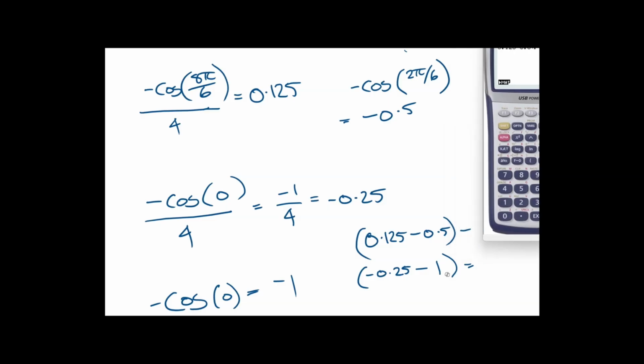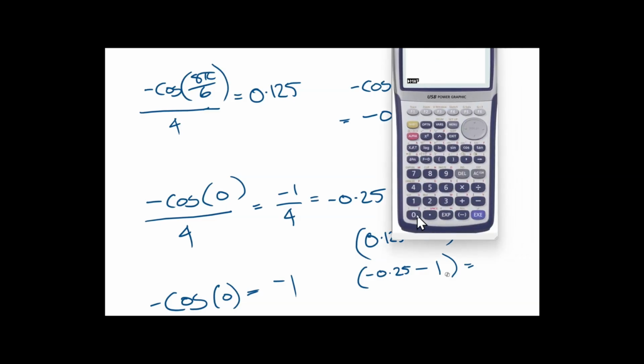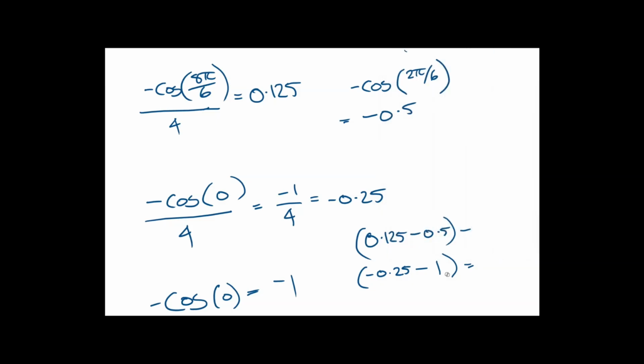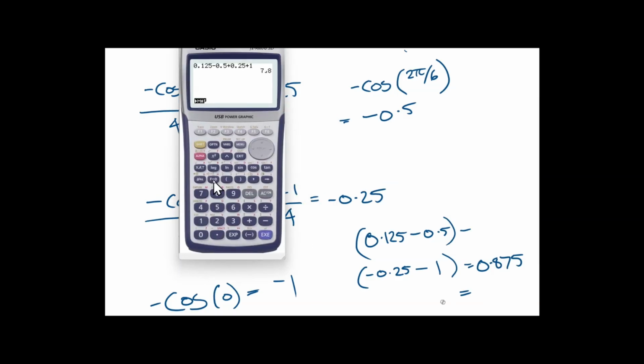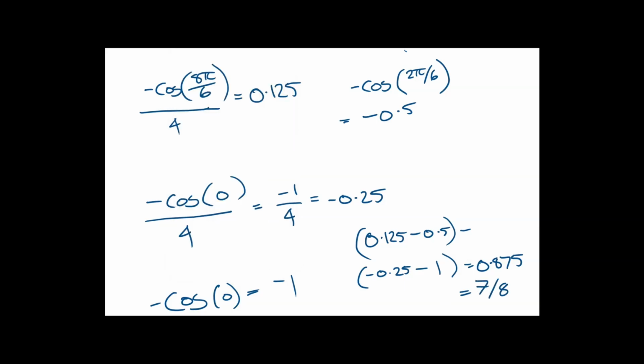Plus, because remember it's minus and minus, 0.25 plus 1 is that. It's very familiar, 0.875, because I think that is, yes, a common factor, 7 over 8. So there, 7. Fantastic, all of that, just for that.